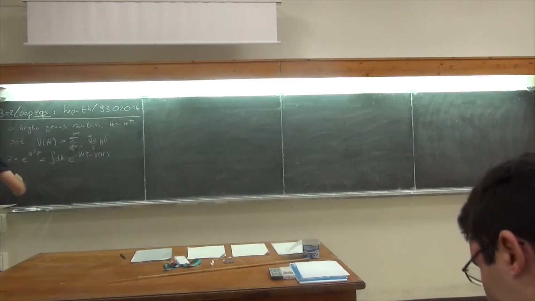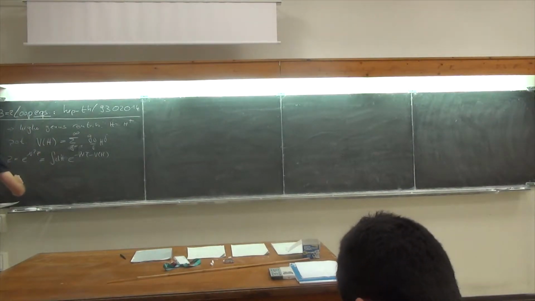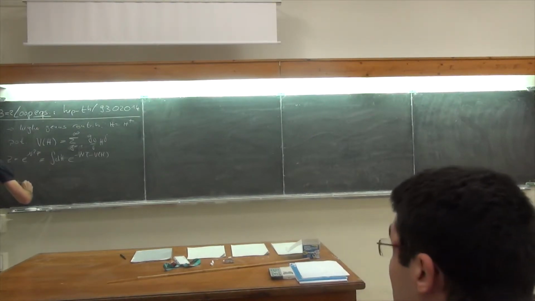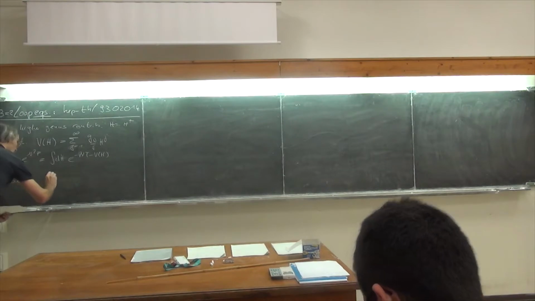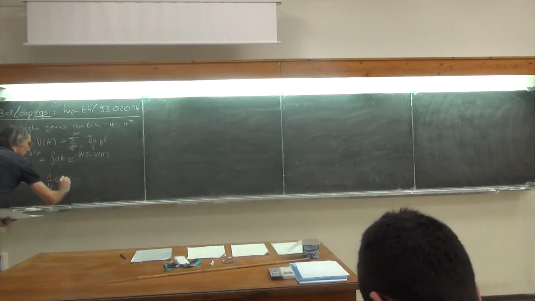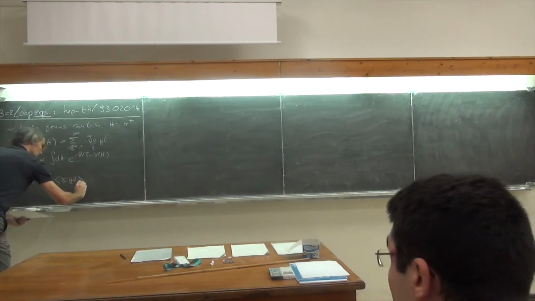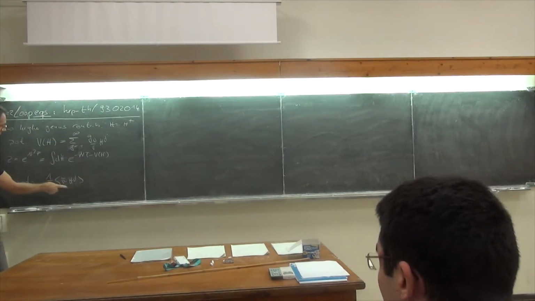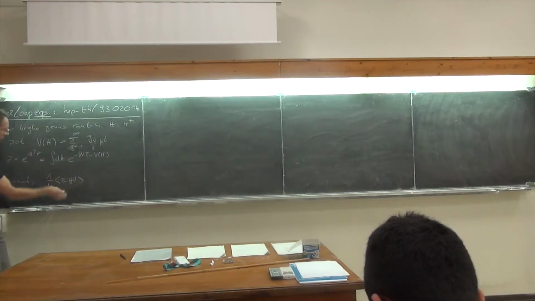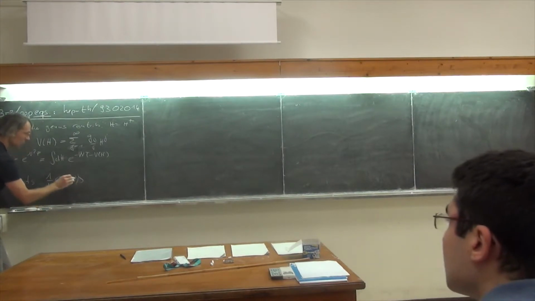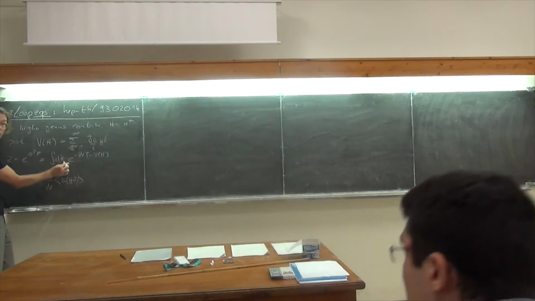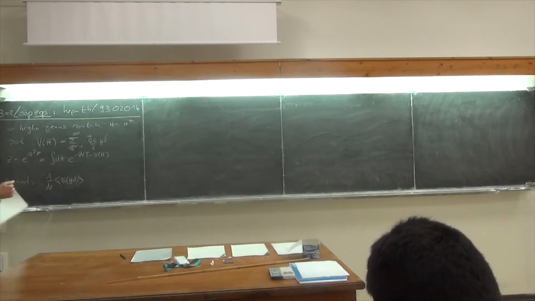So from these sources, we can compute all moments, 1 over N trace H to the j. It's clear what the expectation value is: I put H to the power j, take the trace, put that in here and divide by the partition function. That's the expectation value.